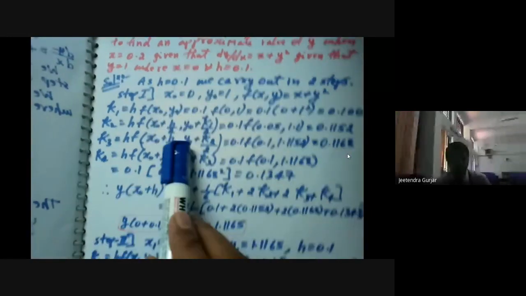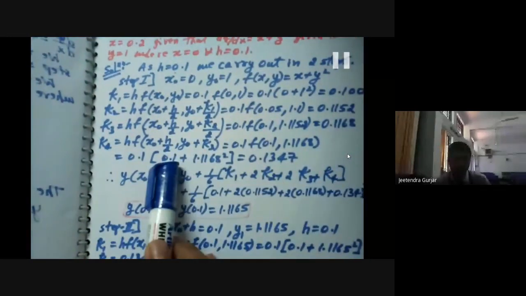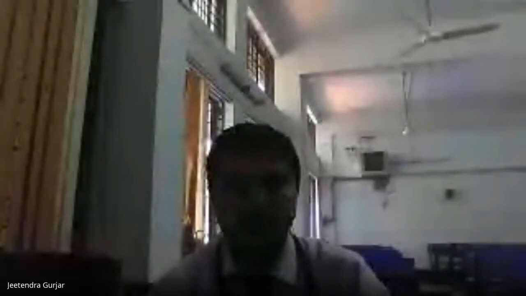If we calculate properly, we get k1 as 0.1. For k2, substituting the values, we get 0.1152. For k3, if you substitute values properly and calculate using the function, you get 0.1168. The k4 value will become 0.1347.